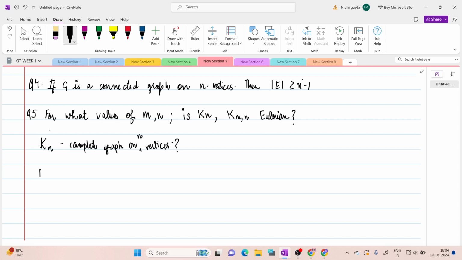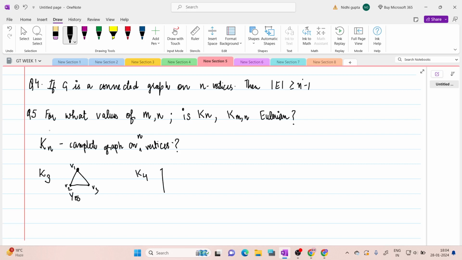So let's draw something. Suppose first of all we talk about K3. Is K3 Eulerian? Yes, ma'am, because we can consider the Eulerian trail V1, V2, V3 itself. What about K4?